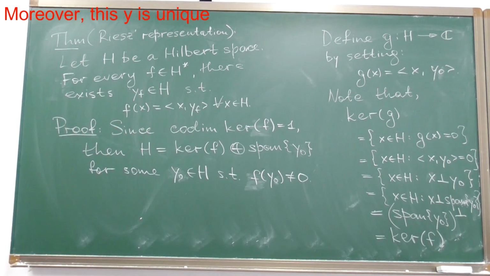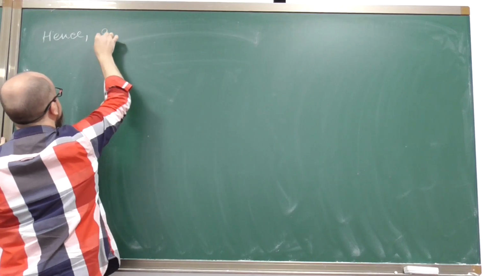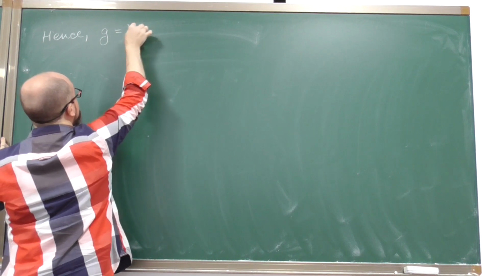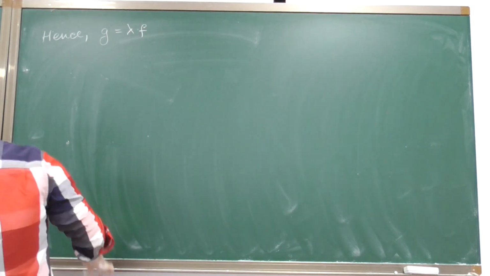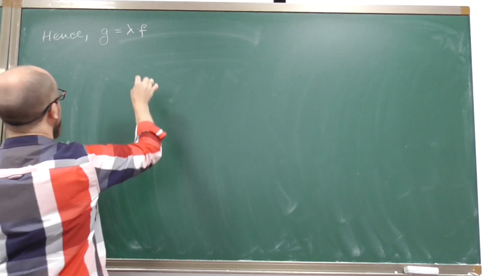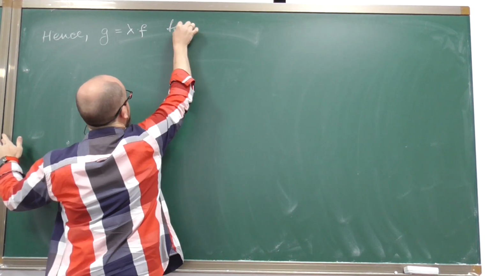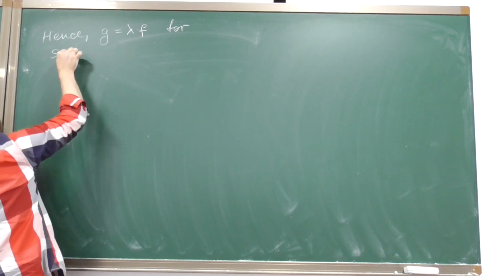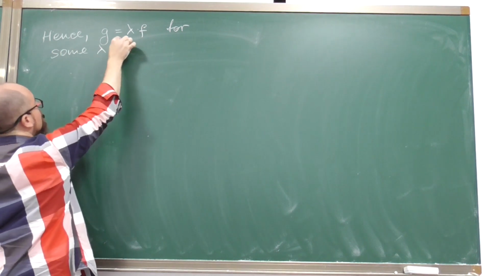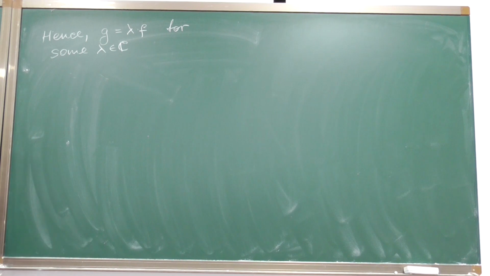And the very last step left. What we have just shown is that the kernel of g equals the kernel of f, which, by the simple proposition which we proved before, means that f and g are scalar multiples of each other. g equals lambda f for some scalar. Well, scalars are complex now.